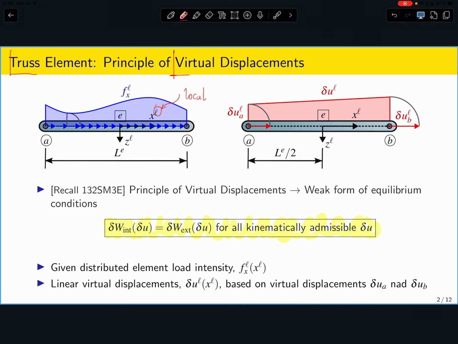What I have acting on the structure is this distributed load f_x in the local coordinate system, which gives the intensity of the load.